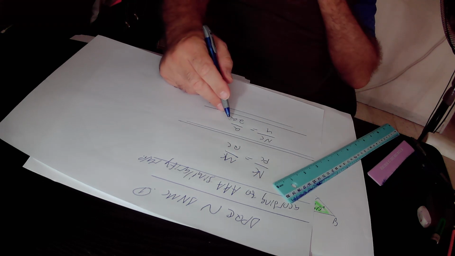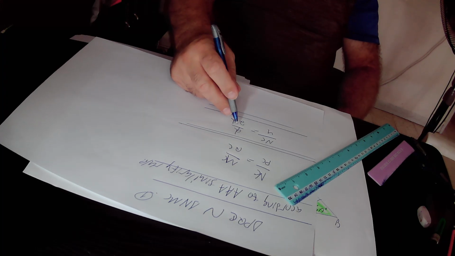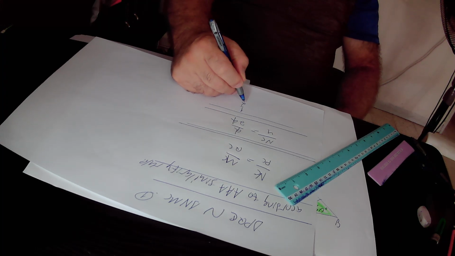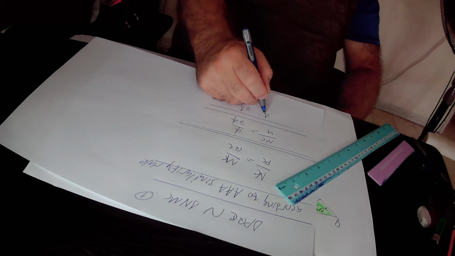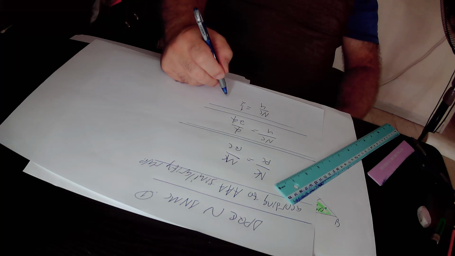So we have A in the numerator and A in the denominator, so A will get cancelled. So on this side of the equation we are left with only 1/2. That is equal to NC over 4. So in total NC over 4 equals 1/2. Here we will multiply this equation by 4.